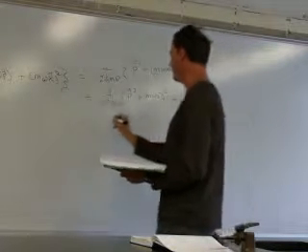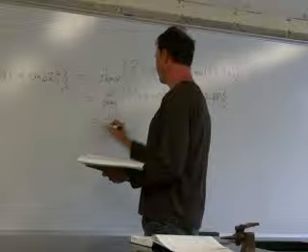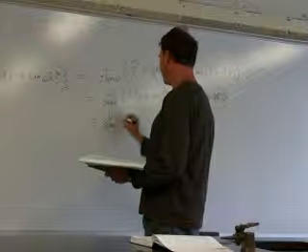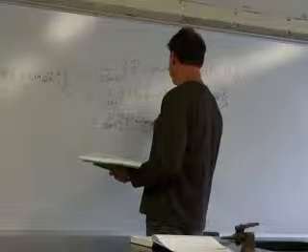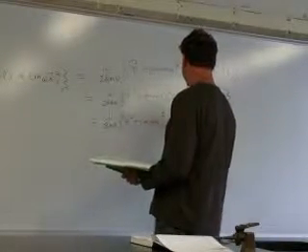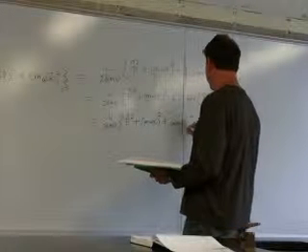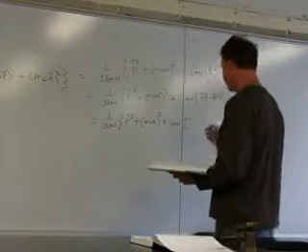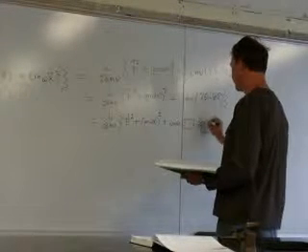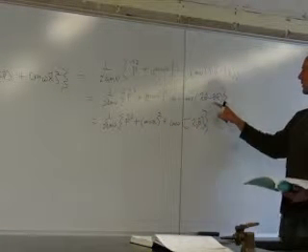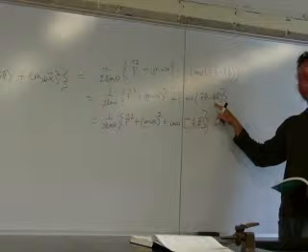Which I'll rewrite as 1 over 2 h bar m omega, p squared plus m omega x squared, plus i m omega times the commutation relation of x comma p. Everybody agree? Because that's just the commutation relation.